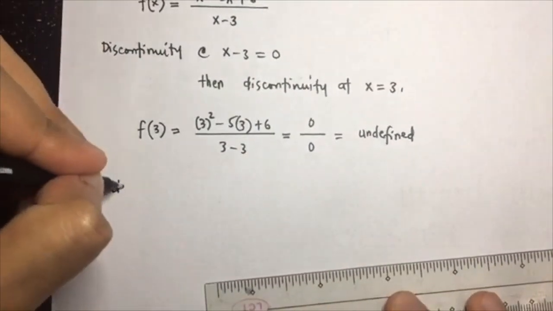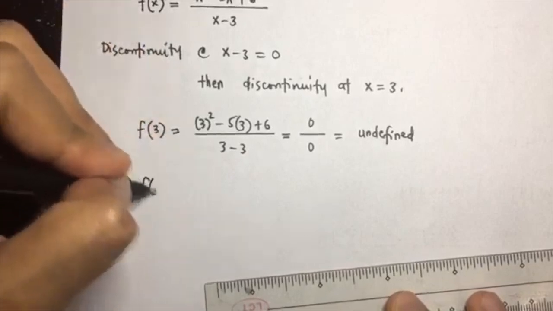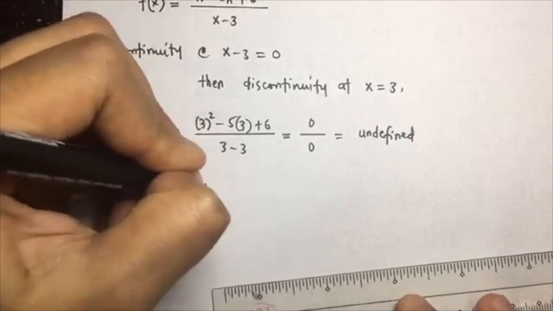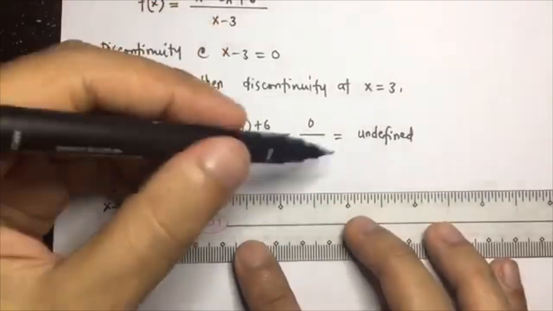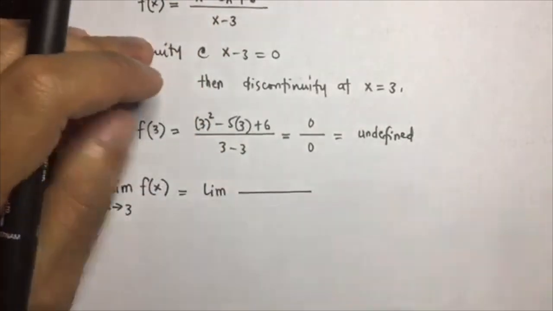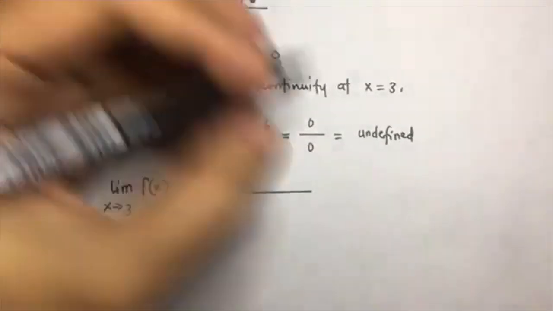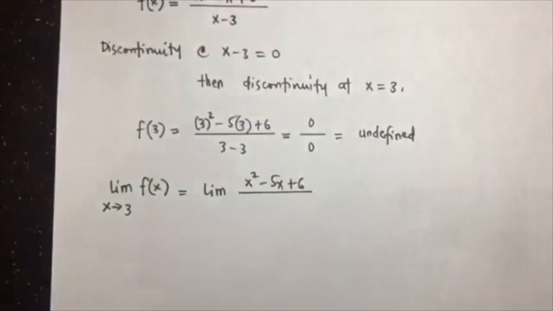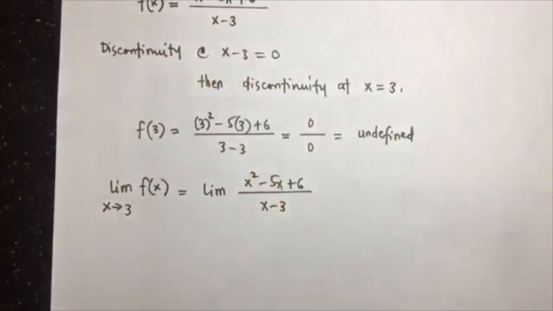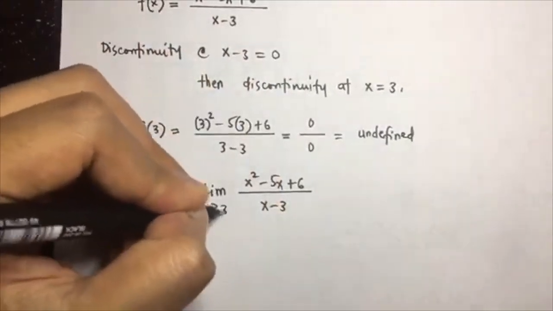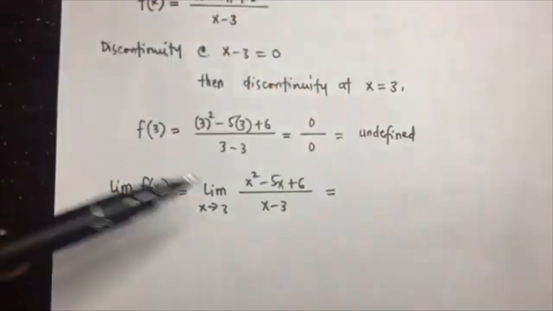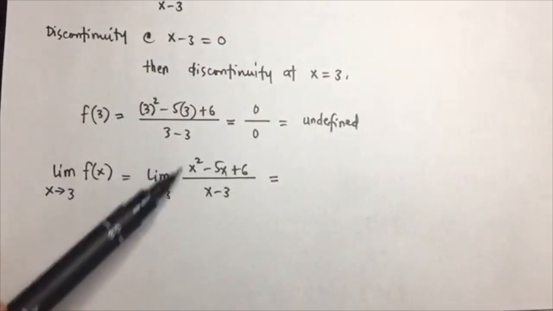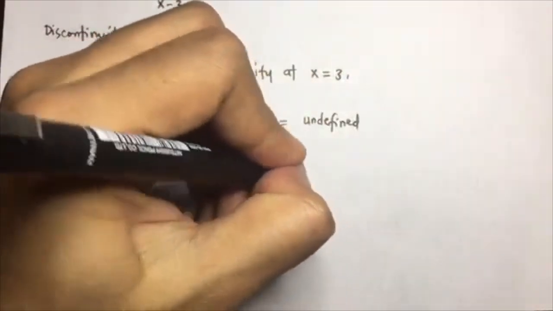However, the limit of f of x as x approaches 3 is equal to the limit of x squared minus 5x plus 6 over x minus 3 as x approaches 3. As you can see, we can simplify the function using factoring.